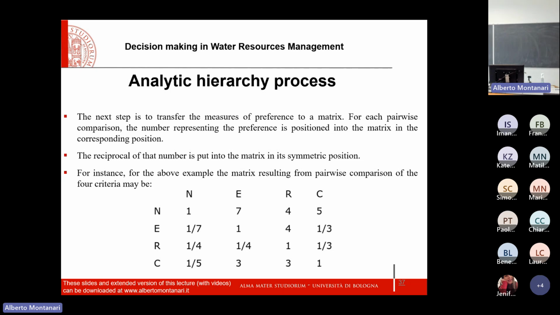If I put environmental impact in first place with respect to net benefit, a score of 7 is much more important, and therefore it means that river flow with respect to environmental impact is less important.